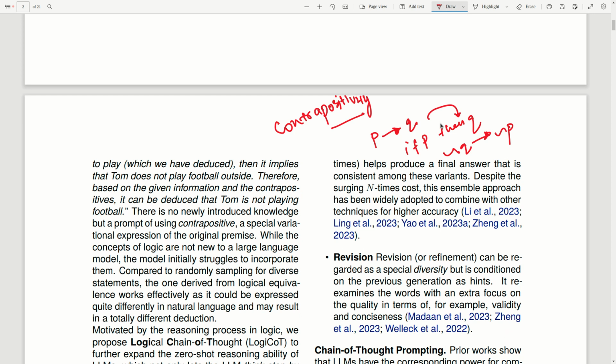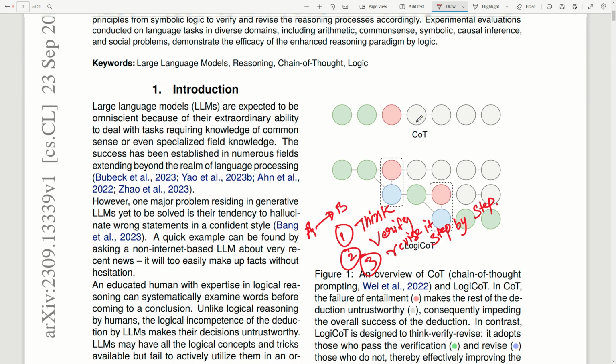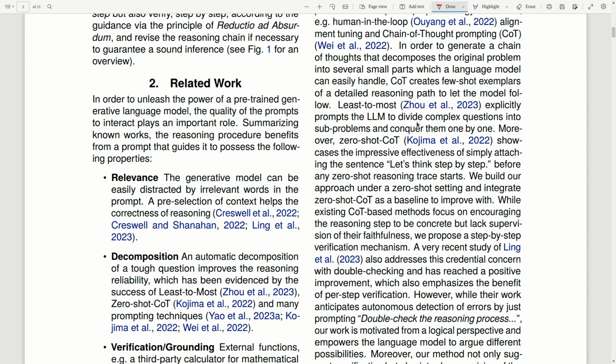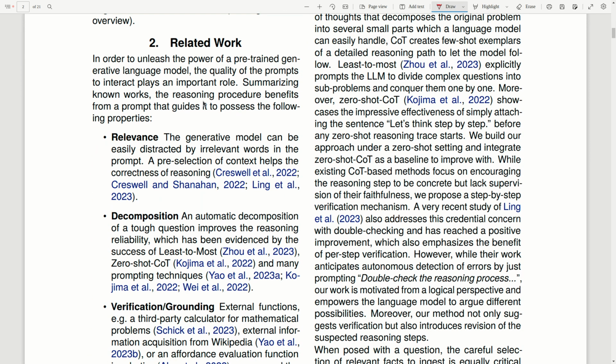Okay. Moving forward, talking about related work, over here they are talking about the properties a prompt needs to have in order to make the logical derivation from the model.